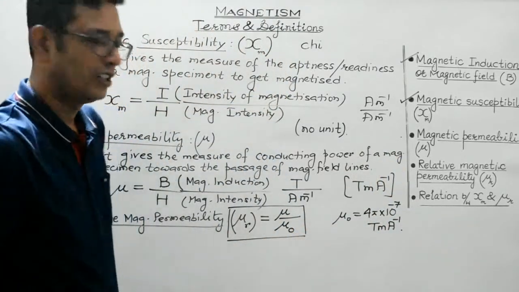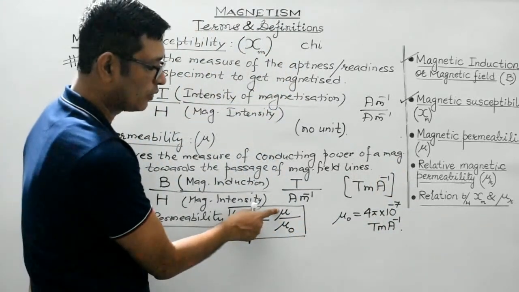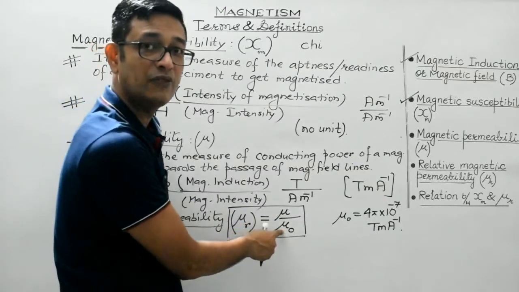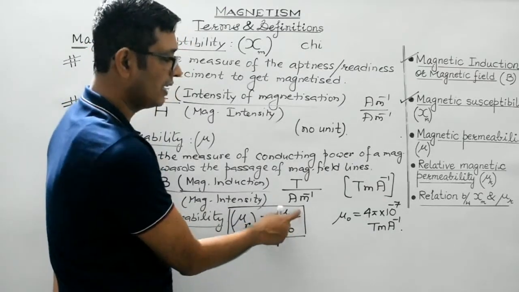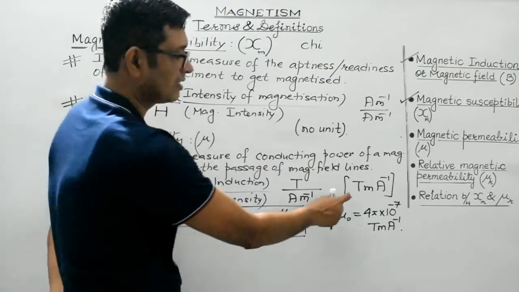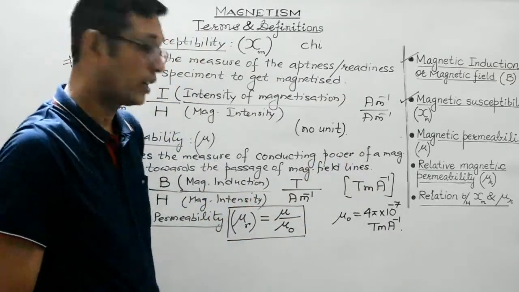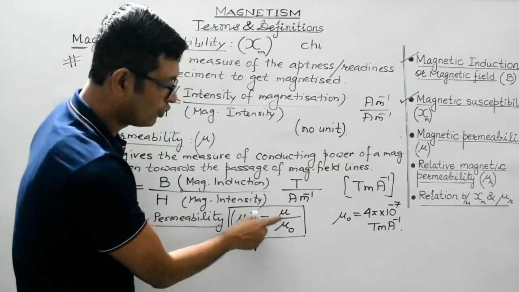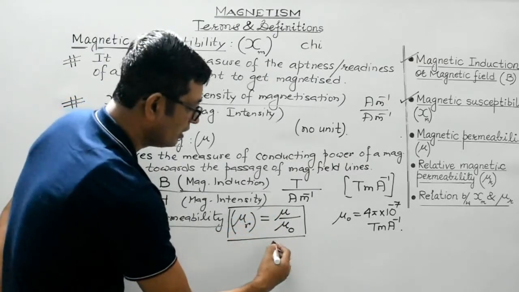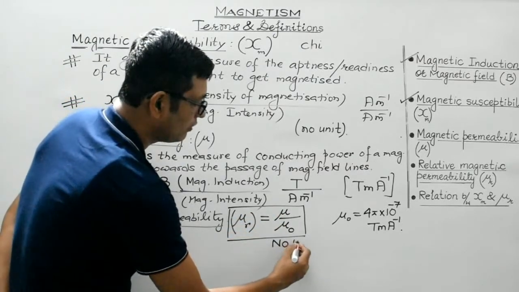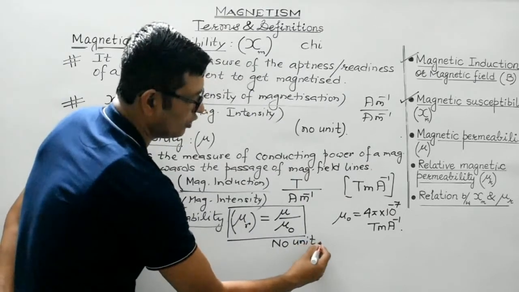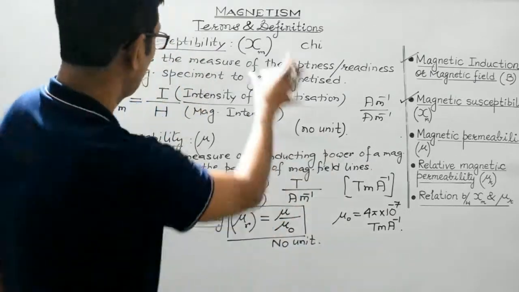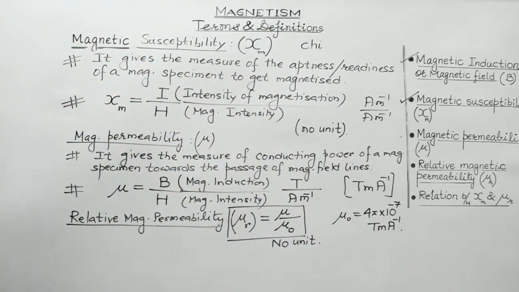Now look, students, this is the permeability of the substance, this is the permeability of free space. Both have the same units, Tesla meter per ampere. So relative magnetic permeability, being the ratio of two similar physical quantities, is a dimensionless quantity with no unit at all. I hope you have understood this concept, students.